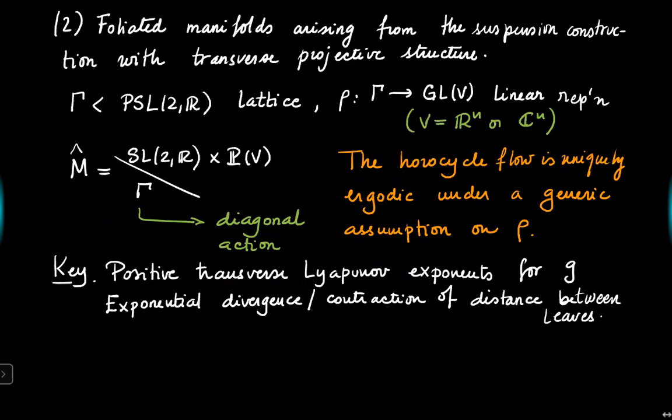So the horocycle flow in this case has a very different behavior, because the transverse dynamics of the foliation introduces some non-uniform hyperbolicity for everything which is happening on the leaves, or this might happen. So this is very, very different from Ratner's setting.